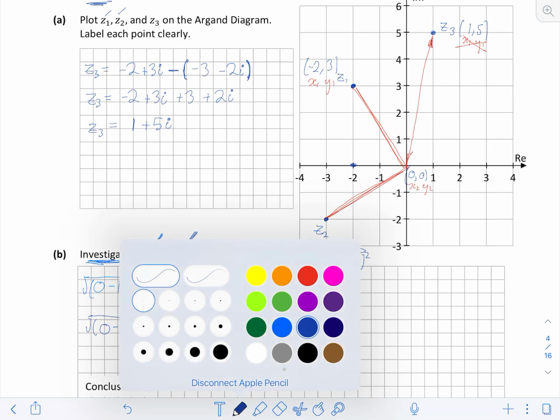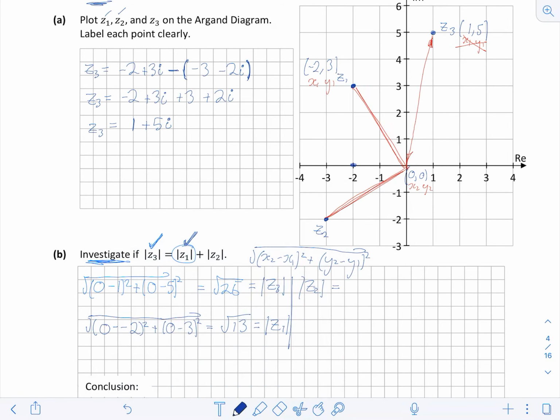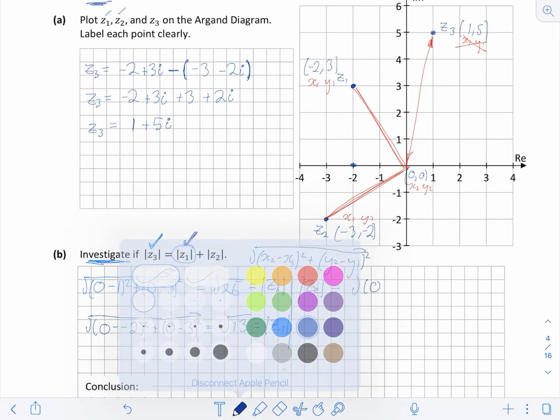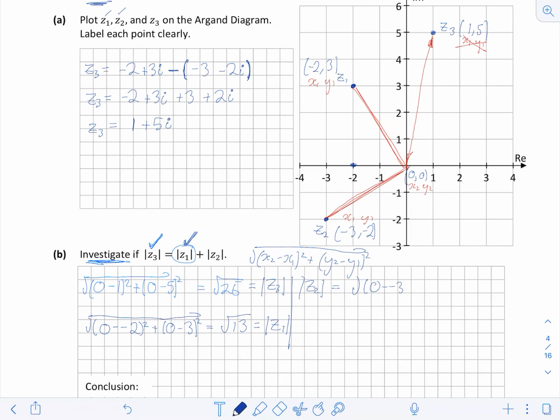So it's going to equal the square root of 0 minus 3, minus 2, and that's going to be x1 y1. So it's 0 minus 3 squared plus 0 minus 2 squared.